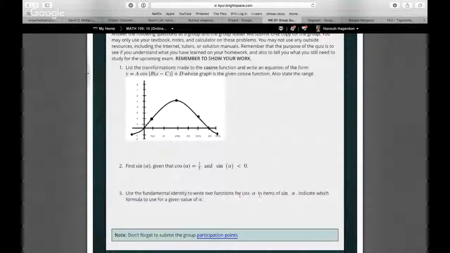Use the fundamental identity to write two functions in terms of A. Also, now I see that it says in terms.